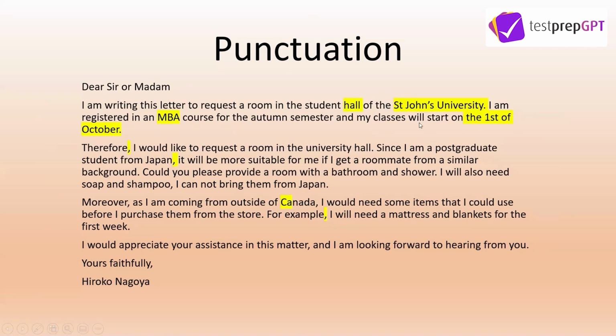That's perfectly correct. Now, after a cohesive device or linking word, use a comma. Therefore, make sure you use commas correctly. You don't want to lose marks for such a small mistake. Okay. Now, here in the complex sentence, since I'm a postgraduate student from Japan, you must use a comma at this point.